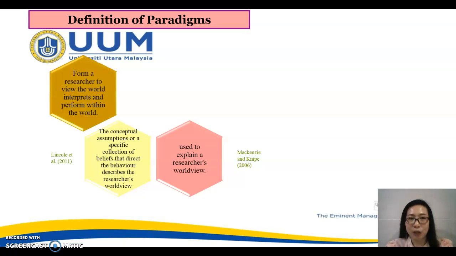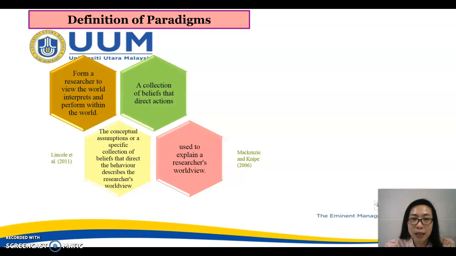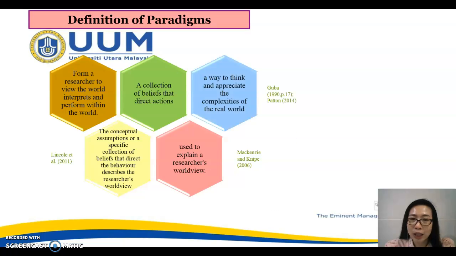Followed by other definitions: a way for a researcher to view the world, interpret, and perform within the world; a collection of beliefs that direct actions; a way to think and appreciate the complexities of the real world, as proposed by Guba 1990 and Patton 2014. From these three definitions, it could be summarized that a paradigm establishes the abstract conventions and assumptions that form how a researcher views the world and interprets and performs within the world.